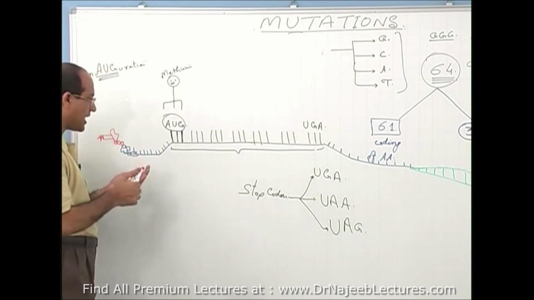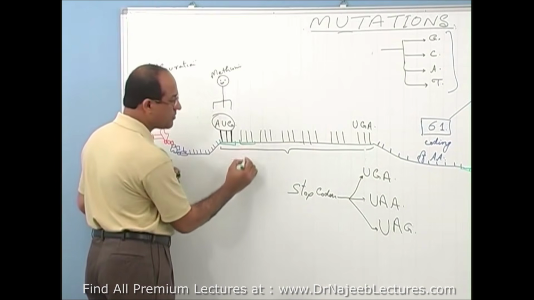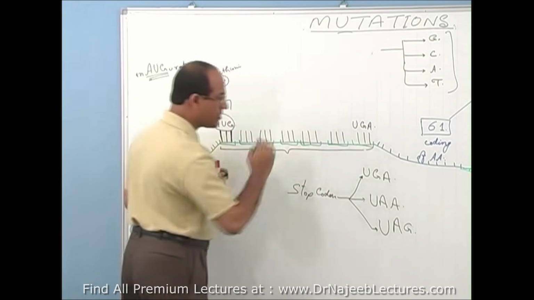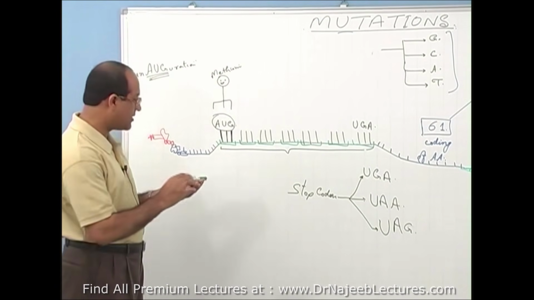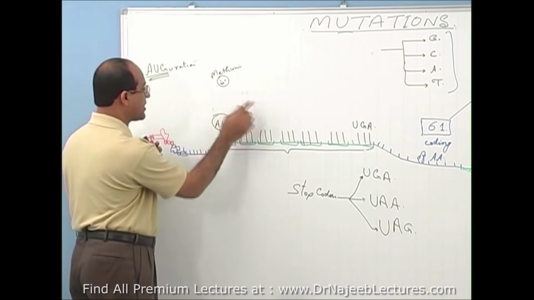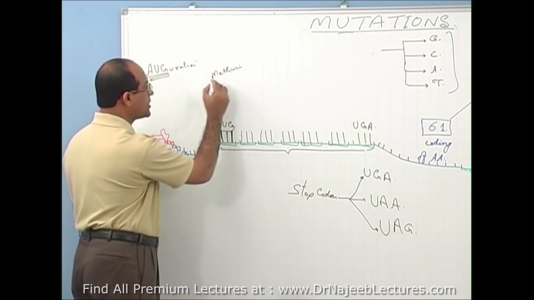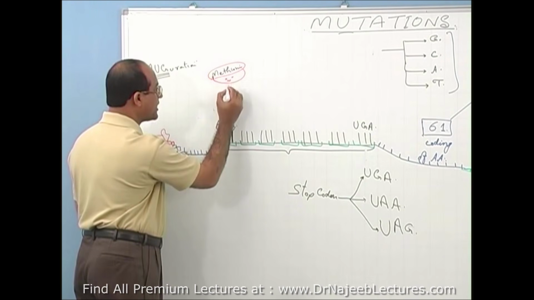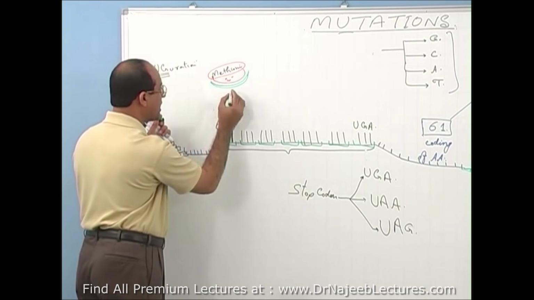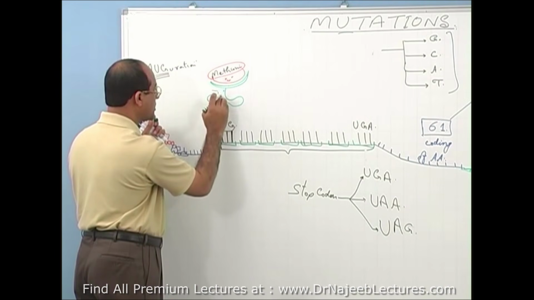Now, in this particular messenger RNA, this may be one codon, this may be the second codon, then the third, fourth, fifth, sixth, seventh. These 7 codons are there. And when a particular transfer RNA comes, let's suppose I draw the transfer RNA here, carrying methionine.